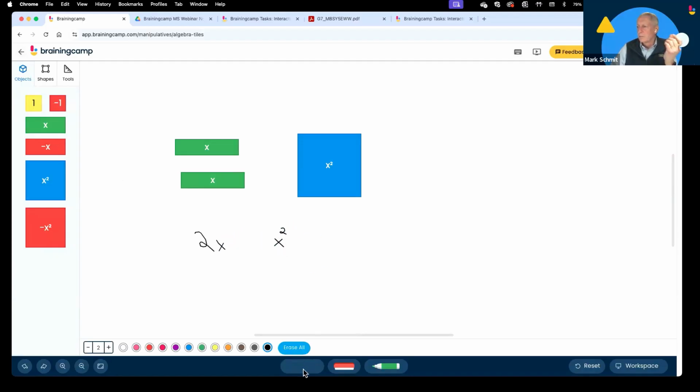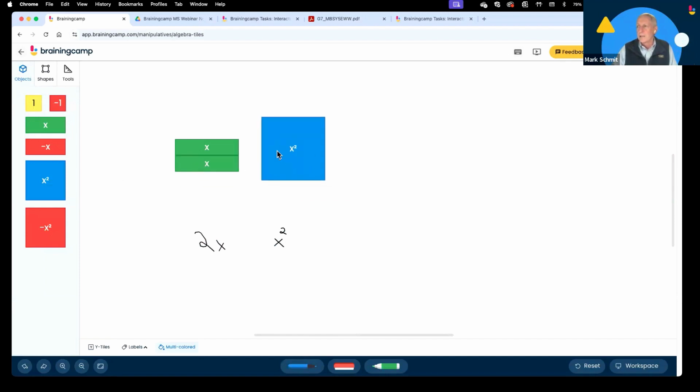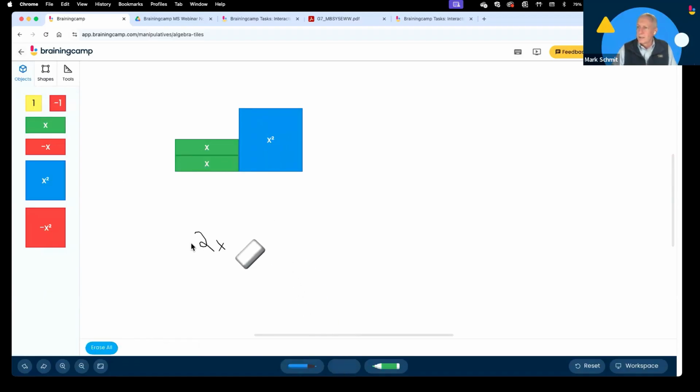They see the 2, they don't think, oh, that's an exponent. Now I can give them a geometric model that shows these are not like terms because they're not the same shape.